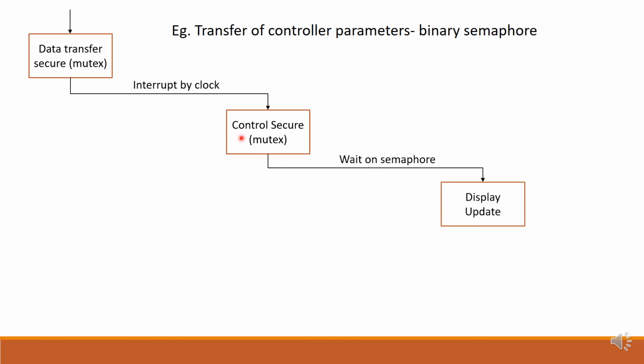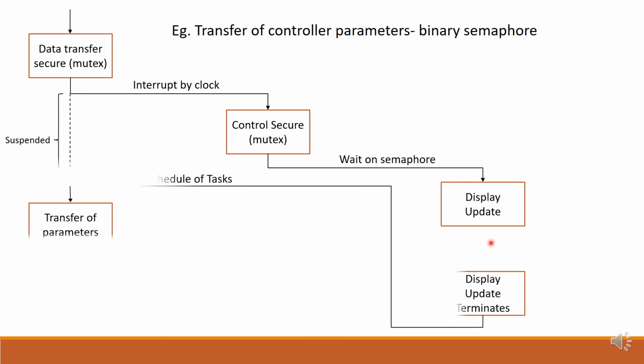Now while this is running, one more rescheduling takes place in order to give service to the display task, because the display task is considered to be the highest priority task. Since it is the highest priority, the semaphore will be given to this display task. So now it executes.